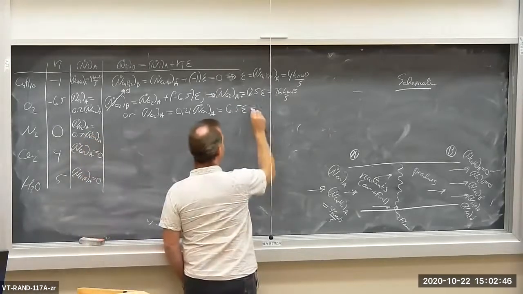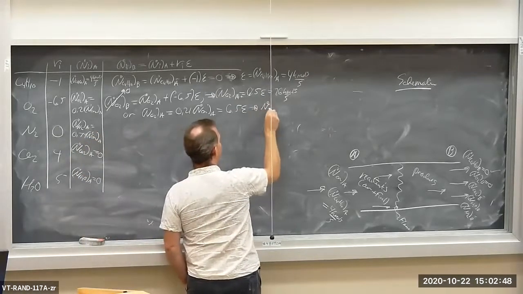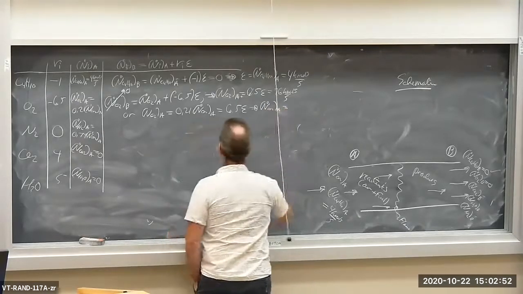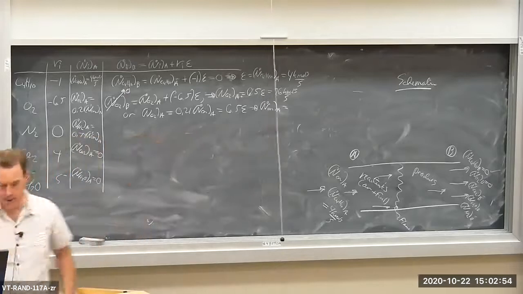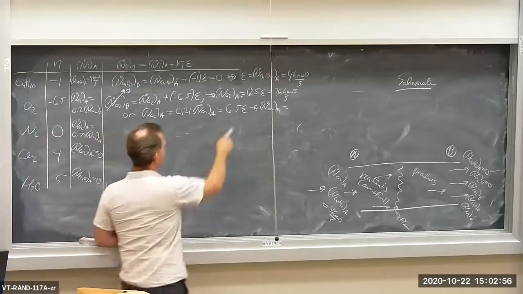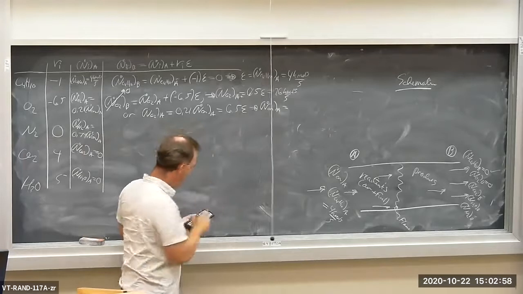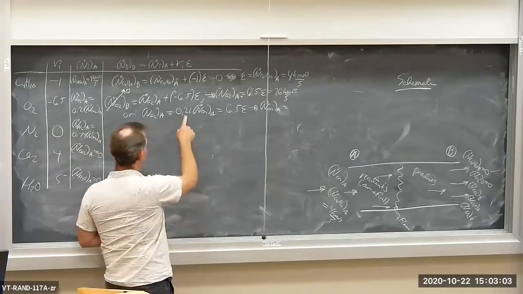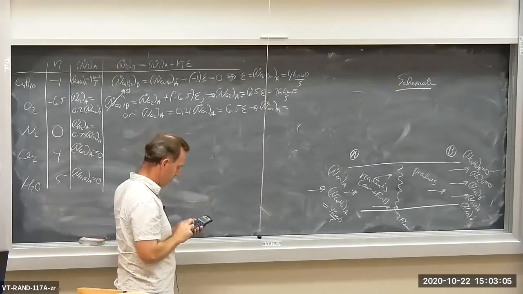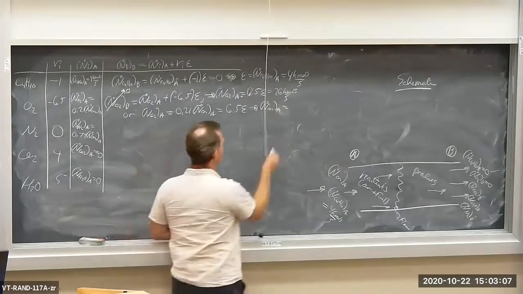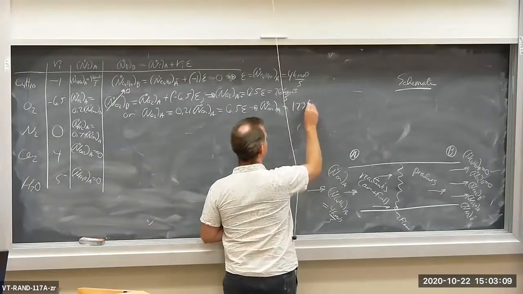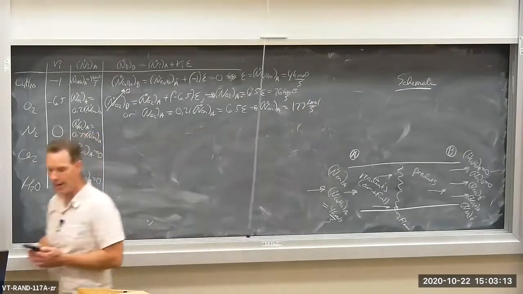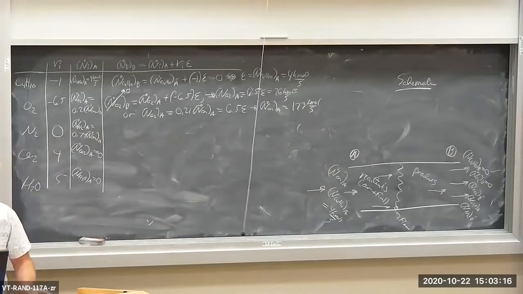And this implies N dot air at the inlet: I take 4 times 6.5, which is 26, and divide it by 0.21. That gives 123 kilomoles per second.